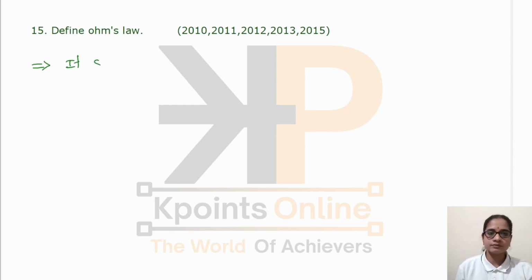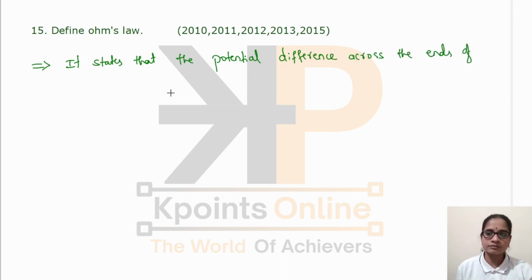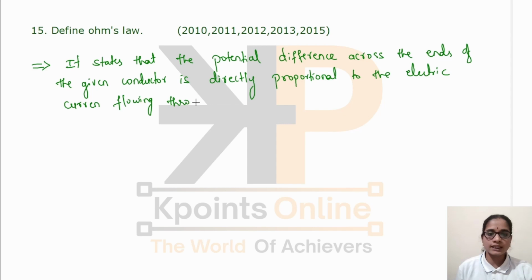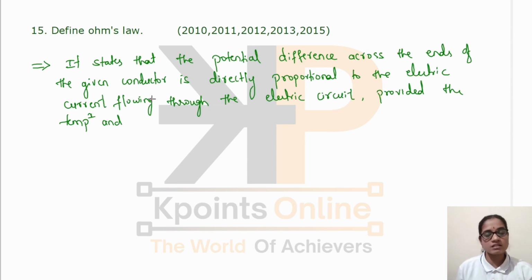So the potential difference across the ends of the given conductor is directly proportional to the electric current going through the electric circuit, provided the temperature and other physical conditions remain the same.